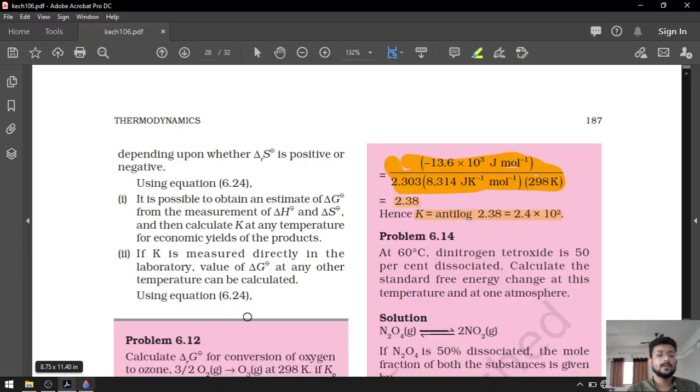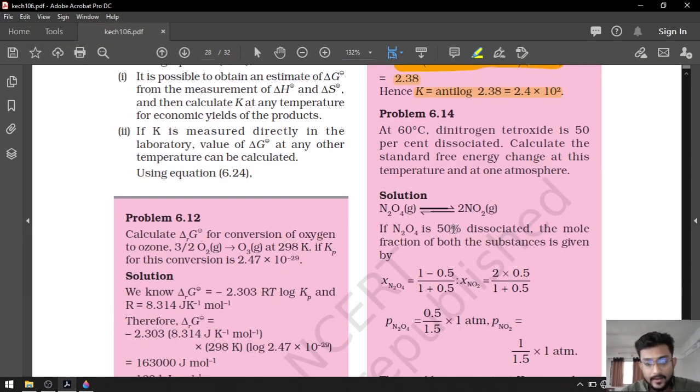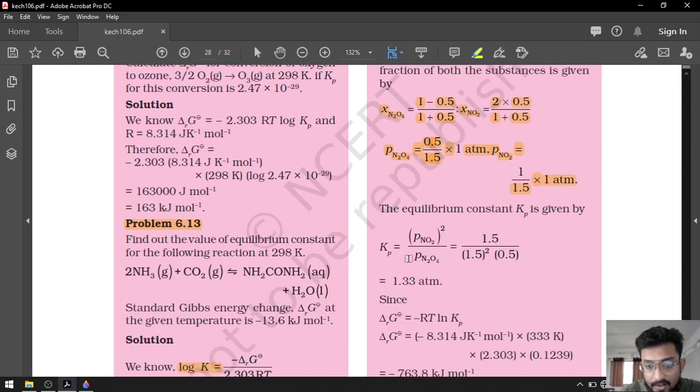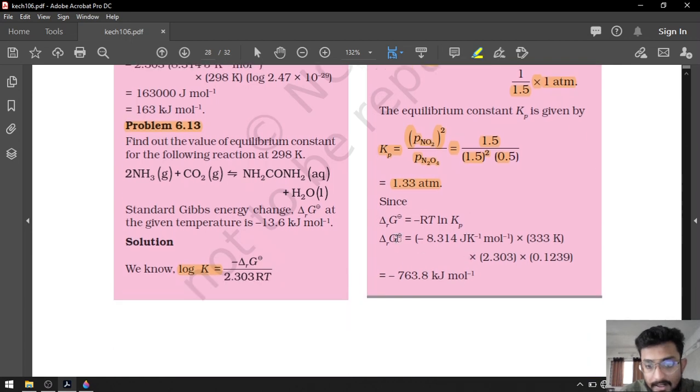Okay, look at this. They first calculated the mole fraction. After the mole fraction of both of them, they calculated the partial pressure of both of them, and after the partial pressure they calculated Kp, and from the value of Kp they calculated delta G. Okay, the answer has been wrong over here, so correct it in your book.